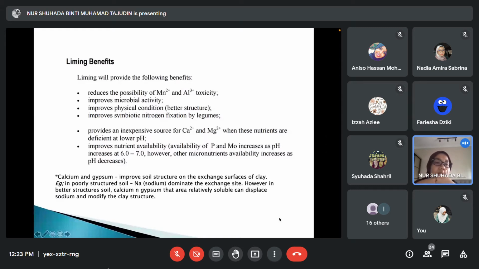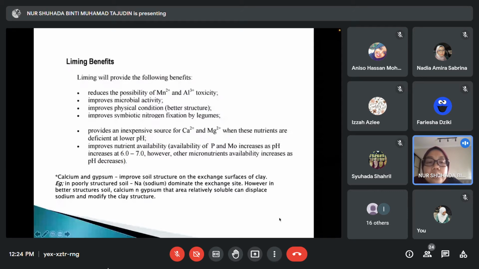You have to increase the soil pH towards neutral. That is because macam tadi, nutrients are available at neutral pH, kan, at pH 7. That's why you cannot let your soil be in acidic conditions. So liming can provide a few benefits. First, it will reduce the possibility of aluminium and manganese toxicity, because in low pH soil, aluminium and manganese toxicity are prone to happen.